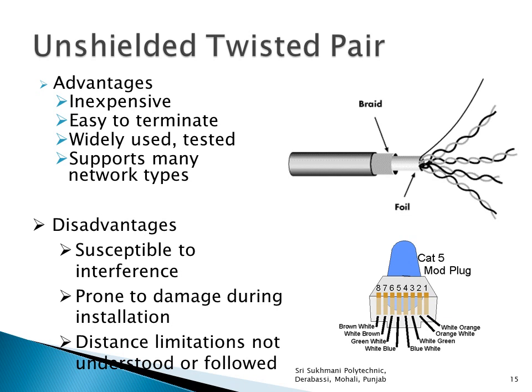They are inexpensive, easy to terminate, widely used, and they support many network types. But at the same time, there are certain disadvantages. They are susceptible to interference, they are prone to damage during installation, and we cannot use those twisted pairs for longer distances.